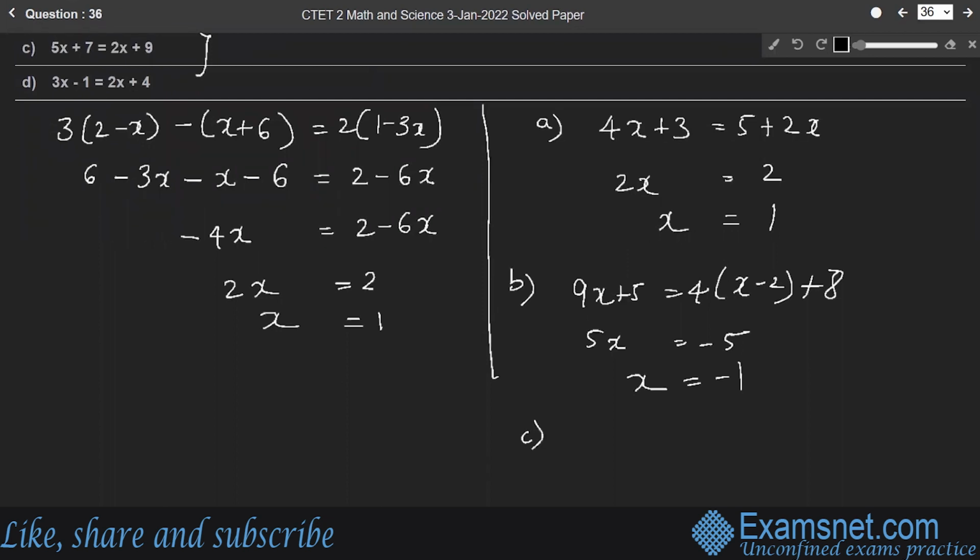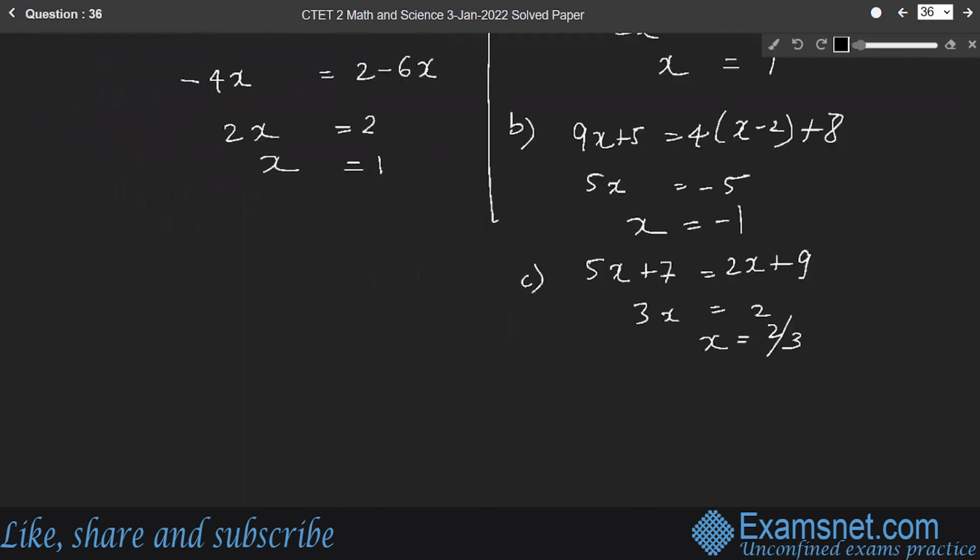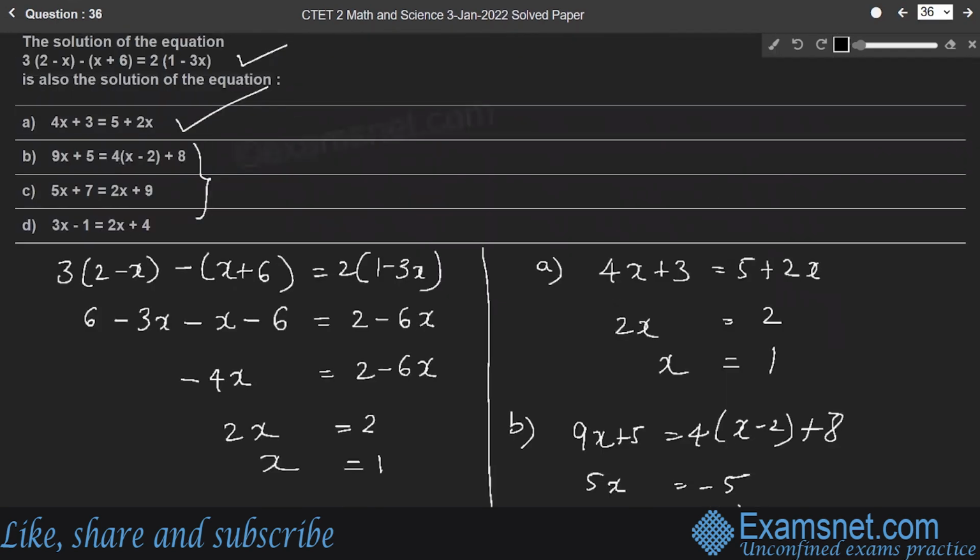And in the case of C also, 5x plus 7 is equal to 2x plus 9. So 5x minus 2x, 3x is equal to 9 minus 7 is 2. So x becomes 2 by 3. Hence option A is the right answer. You can check with D also. Therefore, the correct answer is option A.